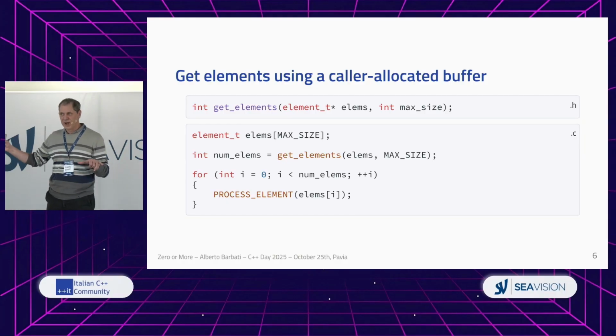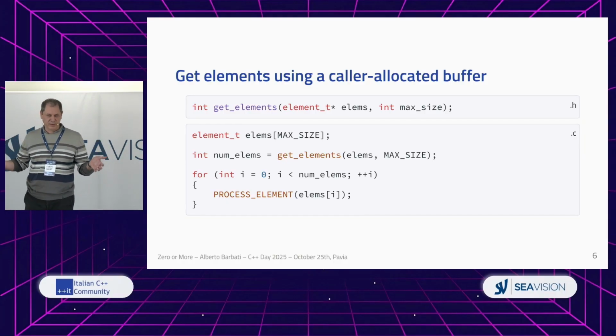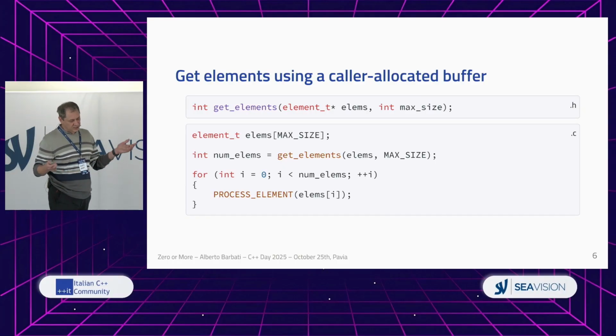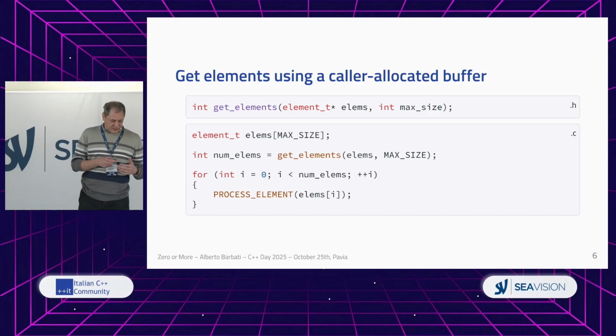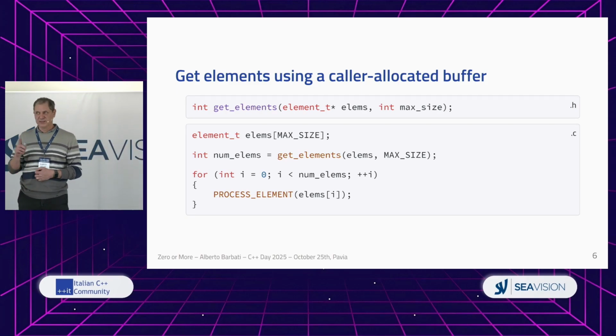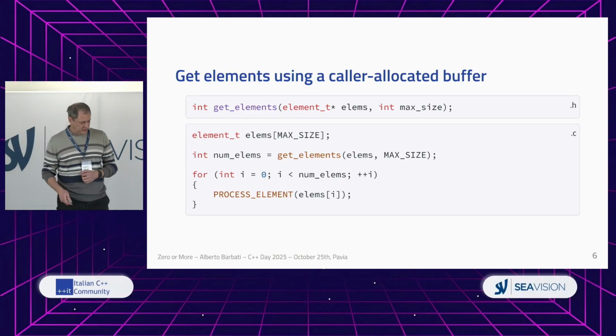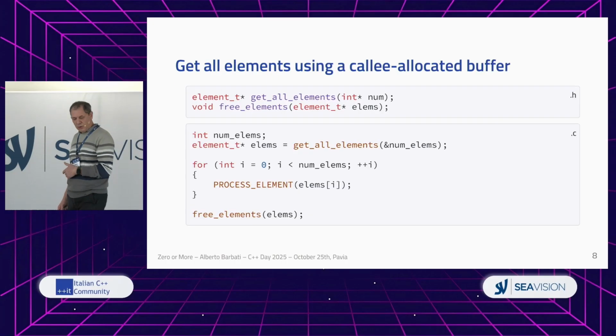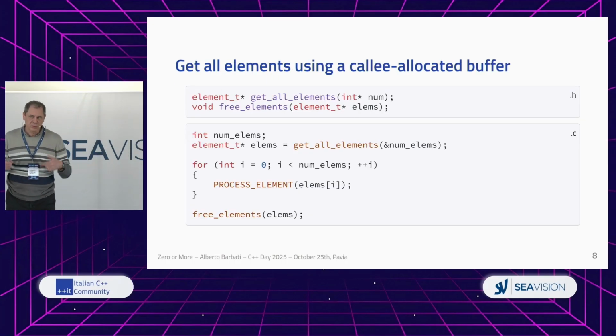If the number is too high, you will overrun the buffer, and the application will probably crash. So this approach is a bit better than before, but it's a bit risky because you have this buffer overrun issue.